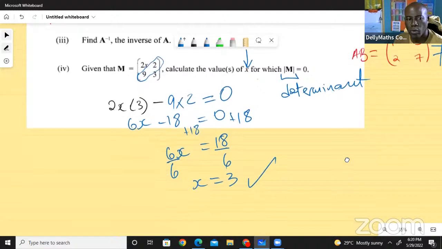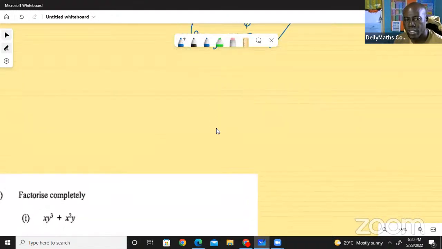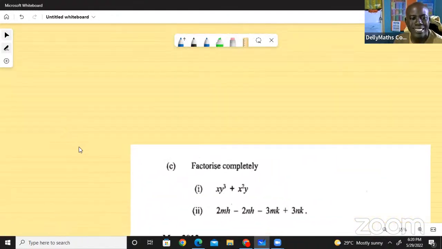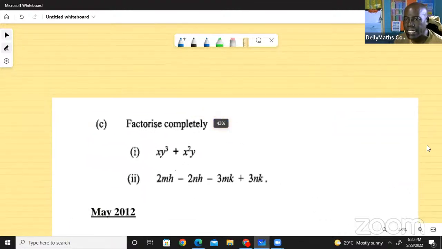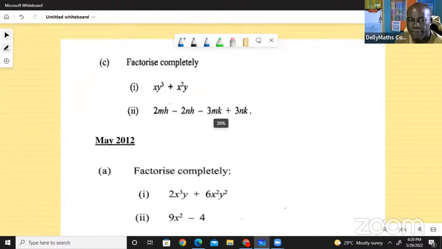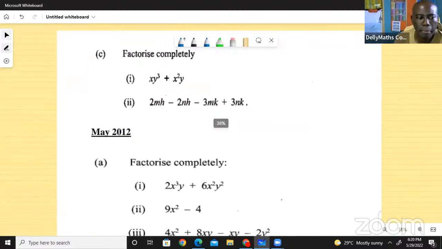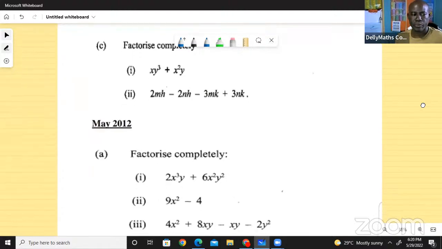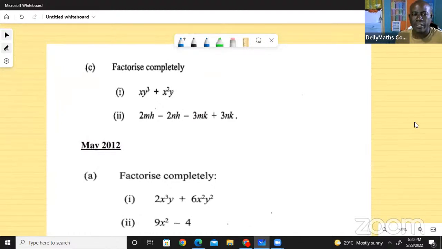All right, so that one was about matrix. Matrix comes at number 10, and it is always on the paper. It might not be in that exact format, but it is always there. All right, let's see what's going on again. We want to factorize completely.